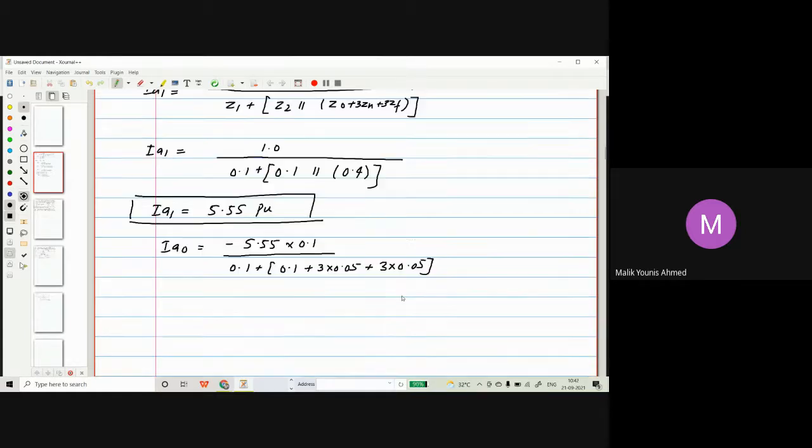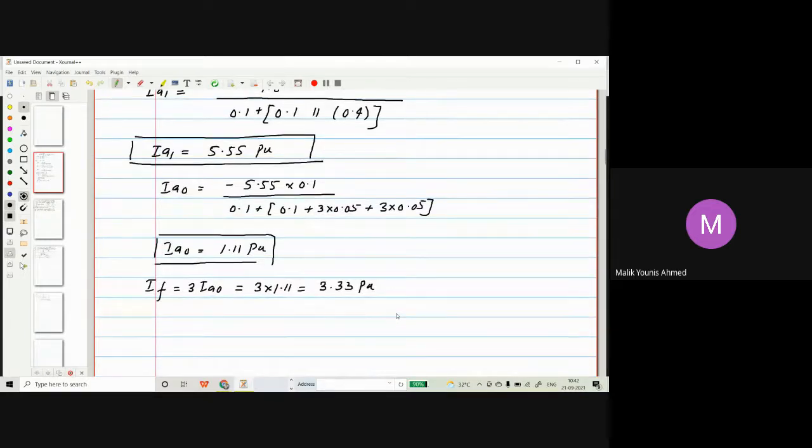If you calculate this expression, IA naught will be equal to 1.11 per unit. Then IF in this case is 3 IA naught, which is 3 into 1.11, that will be 3.33 per unit. This is the first part you have to obtain.